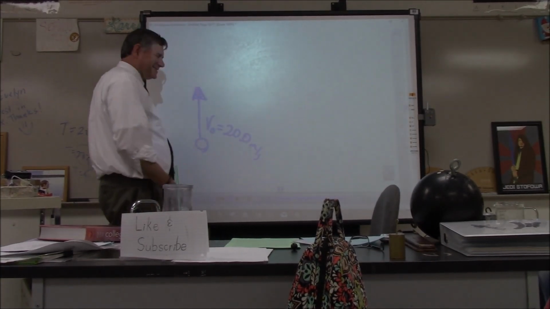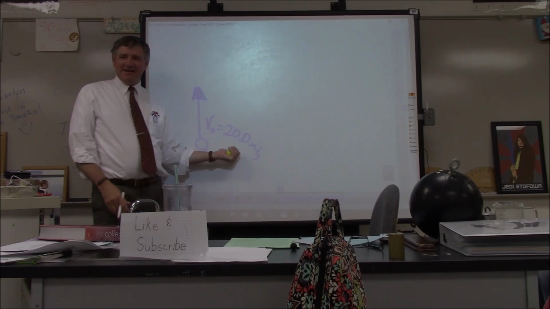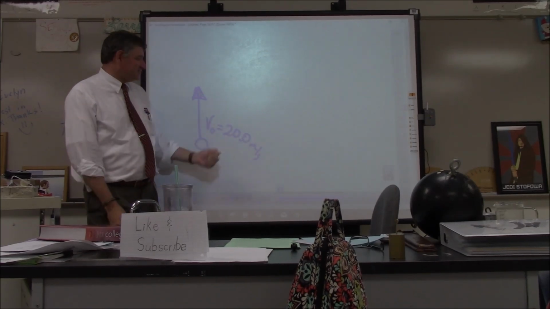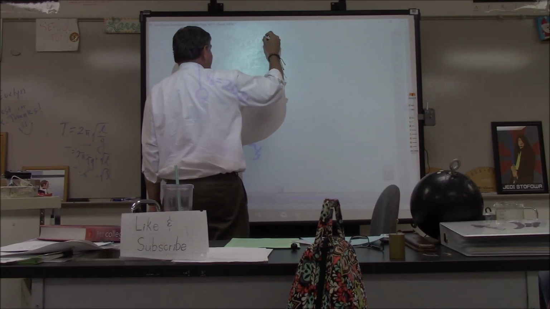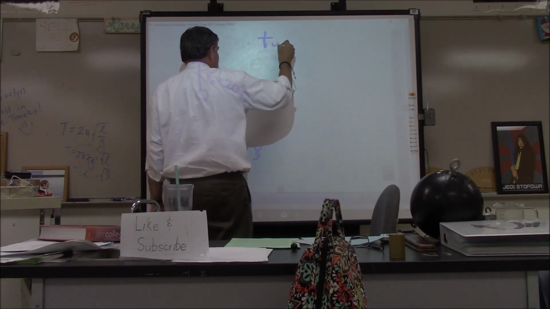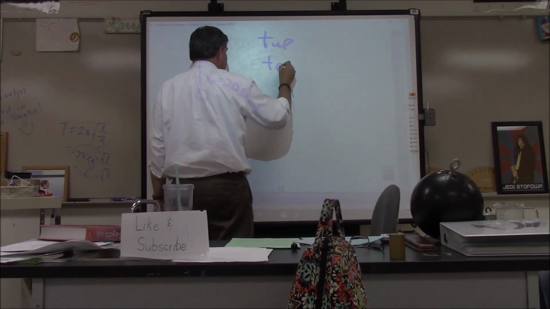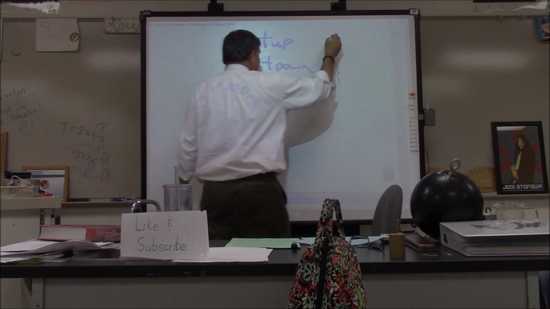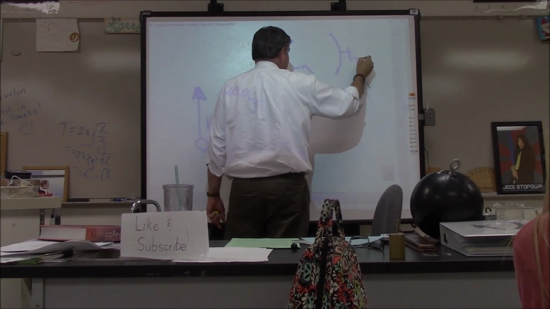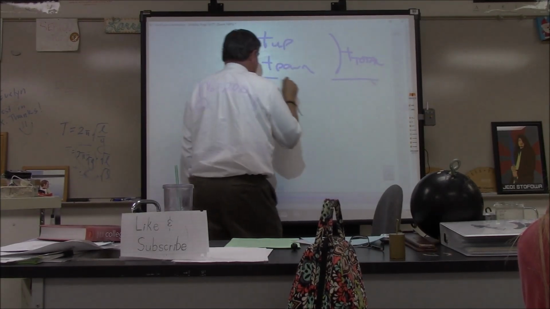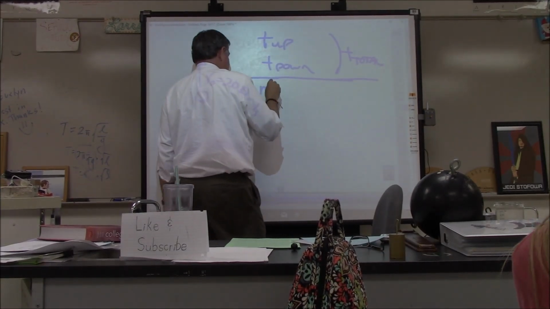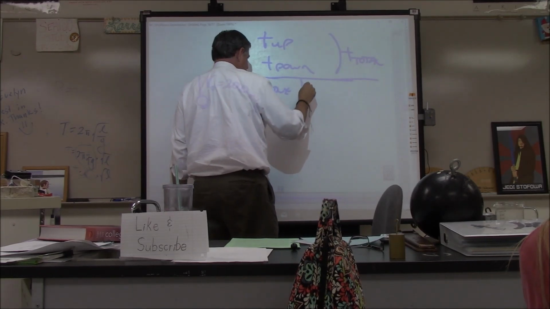Okay. All right, so I've got an initial velocity of 20 meters per second. That's the only number that I know. From that, I want to find the time up, the time down, and from that, the total time. And then I want to know the maximum height.